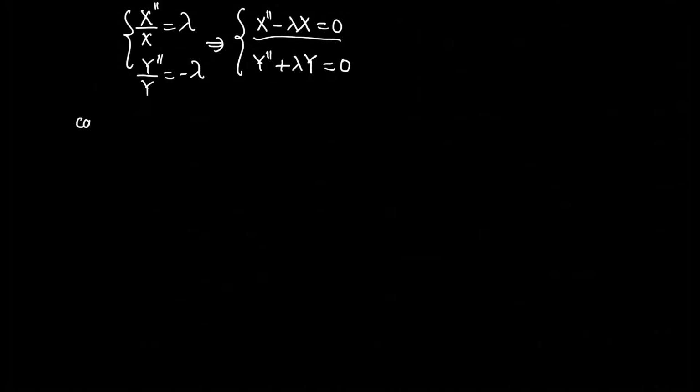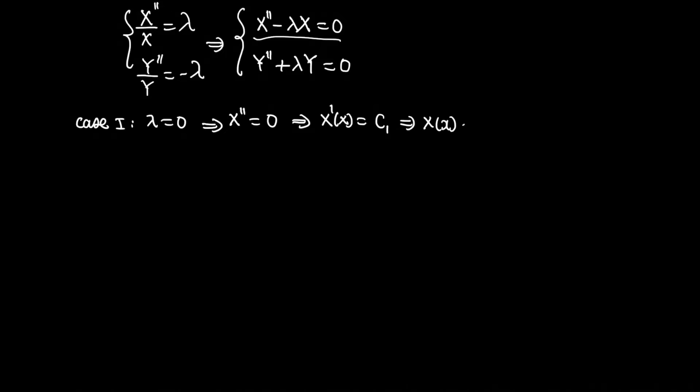So, case 1. I'm going to say lambda equal to 0. Then I have X'' equal to 0. If I integrate one time, it is going to be one constant, then integrating a second time, X equals c1 x plus c2.